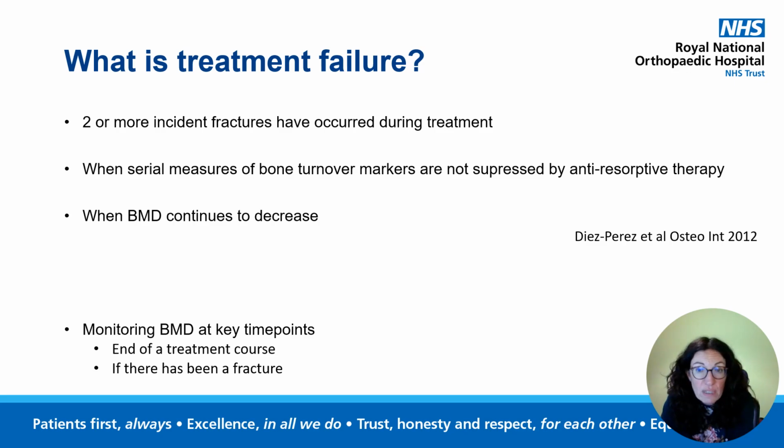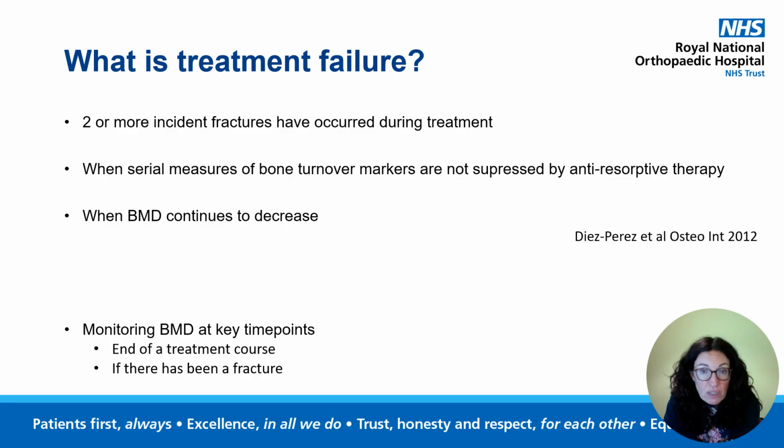And if bone density continues to decrease despite treatment. Now, this definition of treatment failure might be a little bit outdated as we come into the osteoanabolics-first era, but I think it's still worth bearing in mind as a helpful guide.